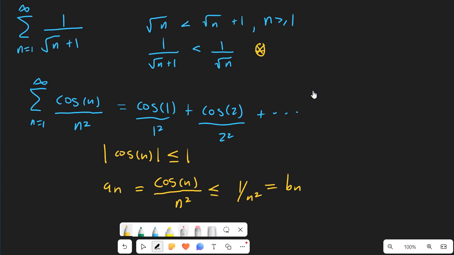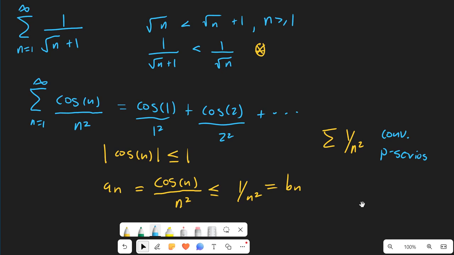But what do we know about the series of 1 over n squared? Well, it's a converging p-series. So the inequality is satisfied because bn converges.